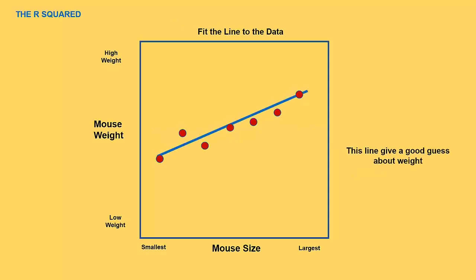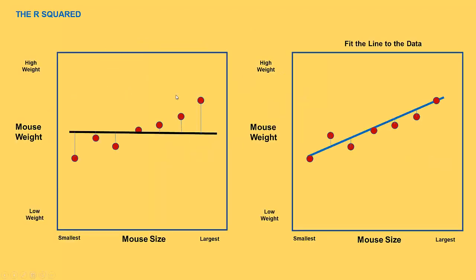This blue line looks a good guess about mouse weight. So this line can be a best fit on the data. So let's find the vertical distances, the variation of data from the line. Now you can observe that the variations, those vertical distances, are smaller compared to the last one, which is called the mean mouse weight model.